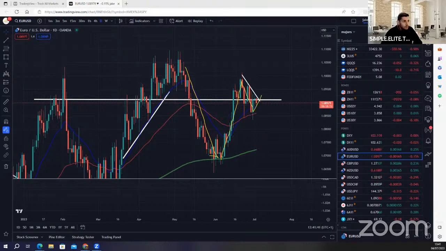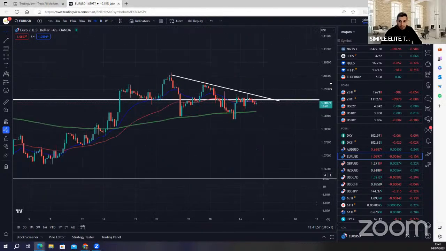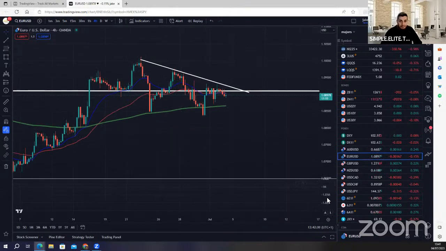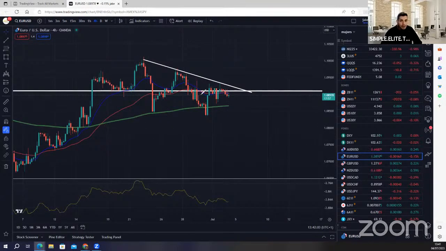So I want to see price coming above this resistance level here, 1091, before I consider being a buyer on the euro dollar. Also, I want to see price breaking like this, coming back, and then going long. So at the moment, pound for me is the best setup.